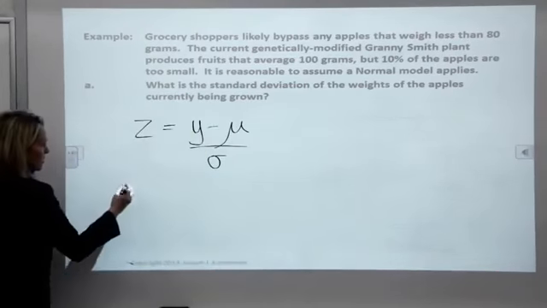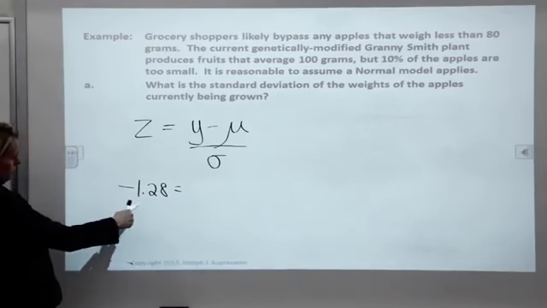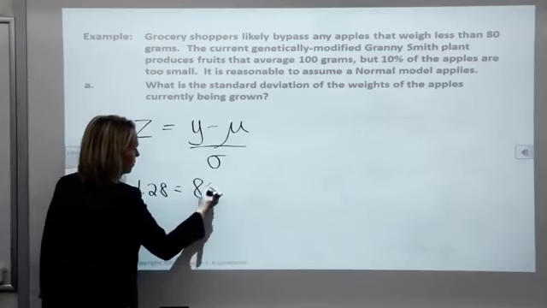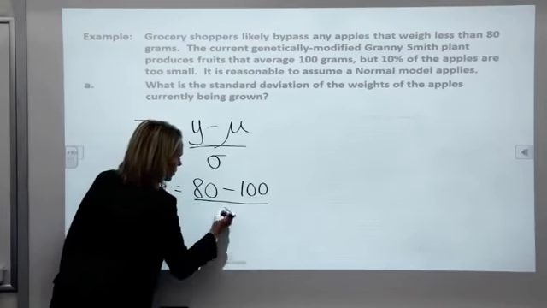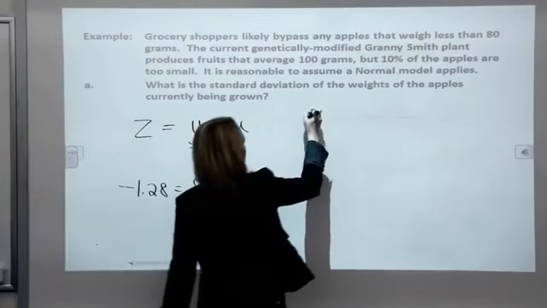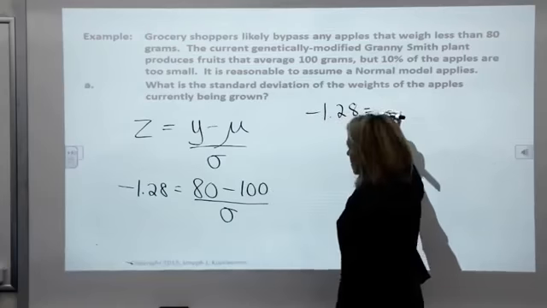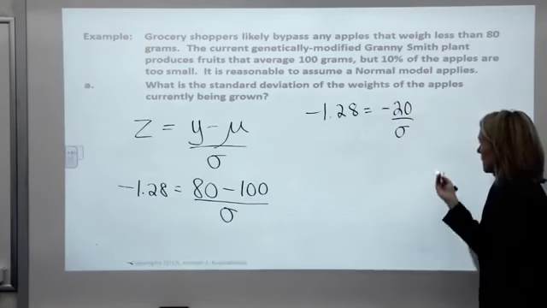We just found out that z was negative 1.28. That was the z-score for an apple that weighed 80 grams. The mean is 100. We are looking for the standard deviation. So now this is just algebra, and you ought to be pretty proficient at this point.